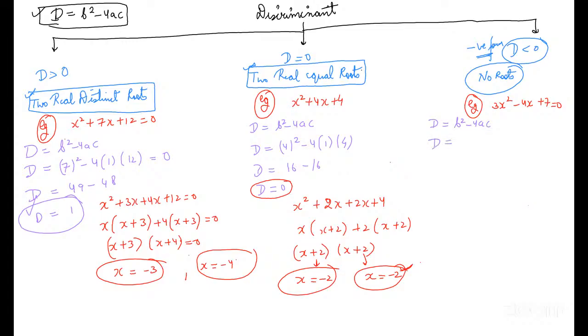So D is equal to minus 4 squared minus 4 into 3 into 7. Okay, so D is equal to 16 minus 84. If you subtract it, you will get the answer of minus 68.